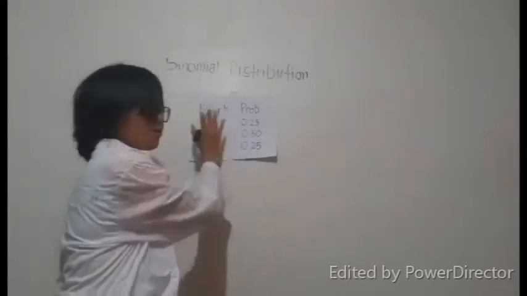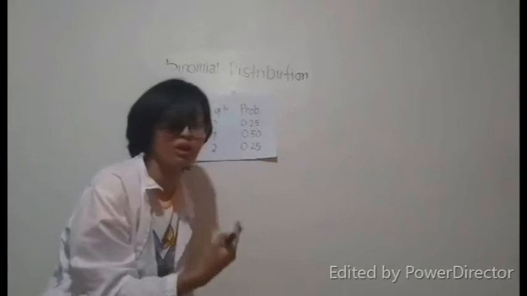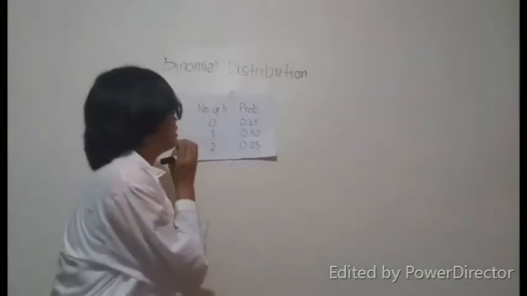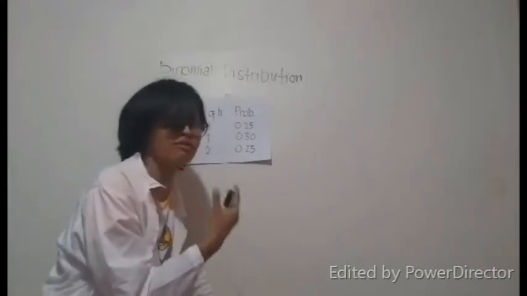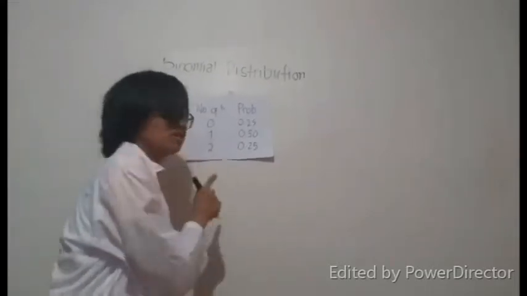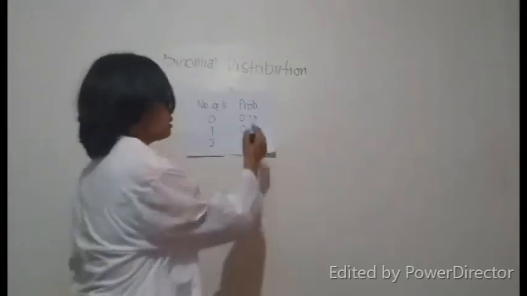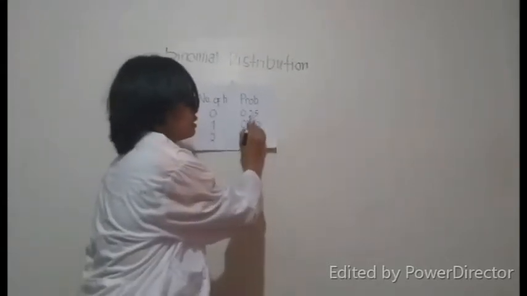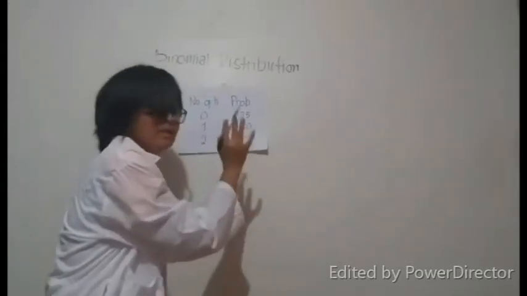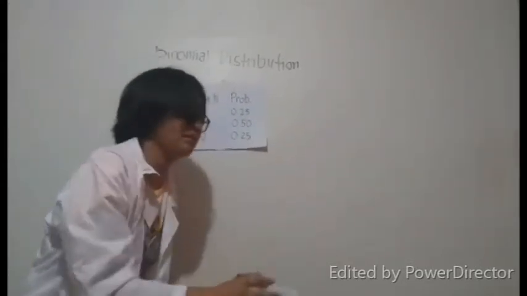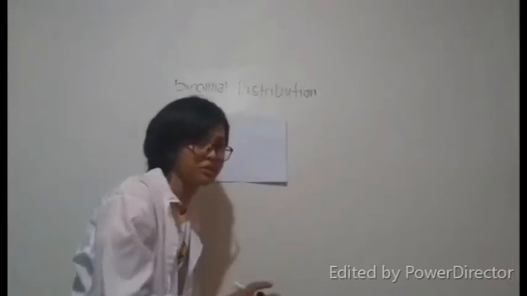The number of heads 0 has a probability of 0.25. The number of heads 1 has a probability of 0.50. The number of heads 2 has a probability of 0.25. These are equal to 25%, 50%, and another 25%.